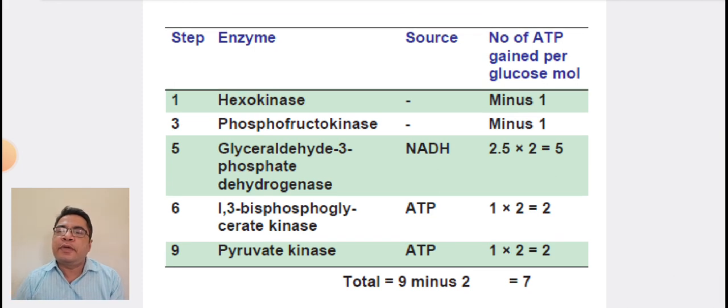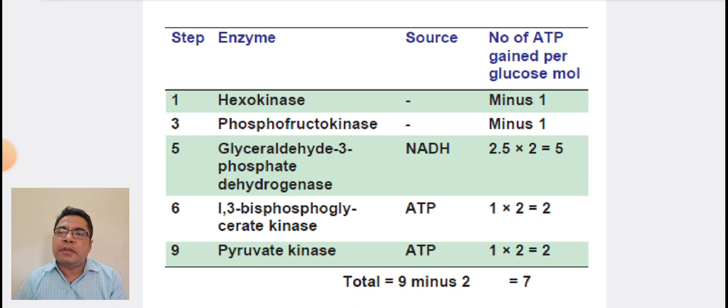In this table, we can see energy yield from glycolysis in case of aerobic glycolysis. Step 1 contains hexokinase as an enzyme and it consumes 1 ATP. Step 3 contains phosphofructokinase as an enzyme and it consumes 1 ATP.